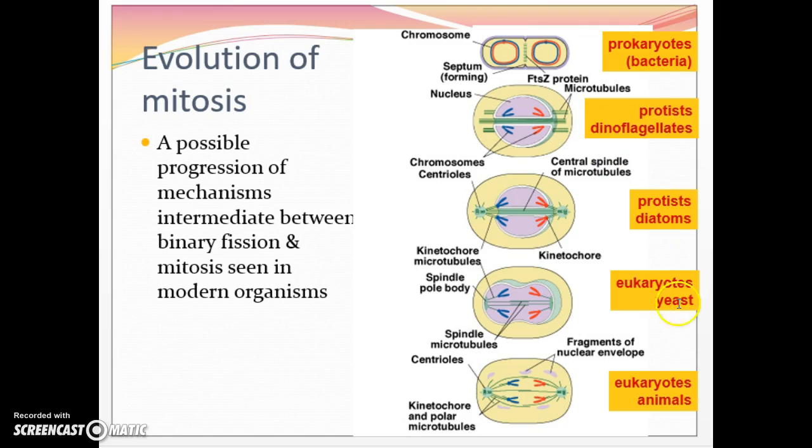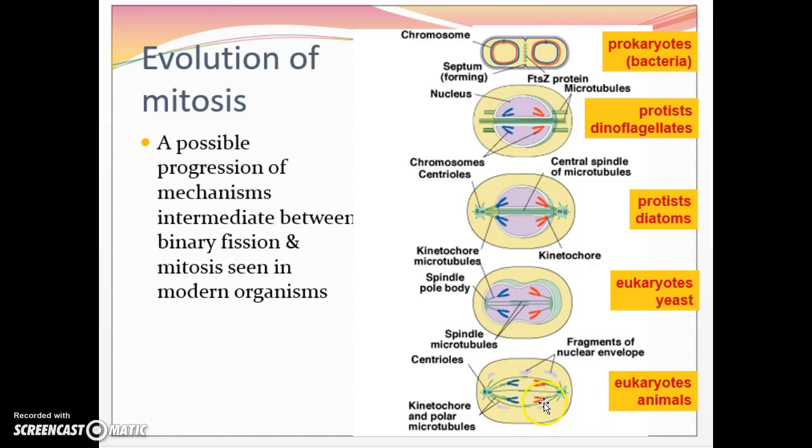So in between these, we have some more unusual types of cell division. In dinoflagellates, diatoms, and some yeast cells, we may have some intermediary methods of cell division. Partly what happens in these types of cell division is that they do have a nuclear envelope, but it doesn't disintegrate during the division process.